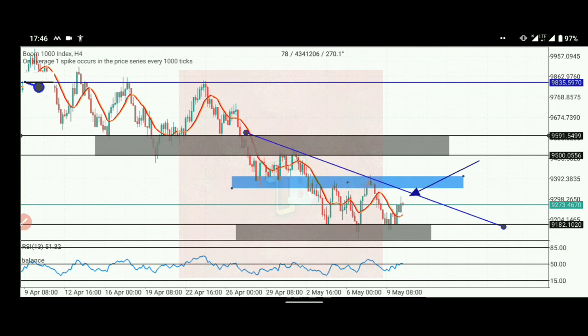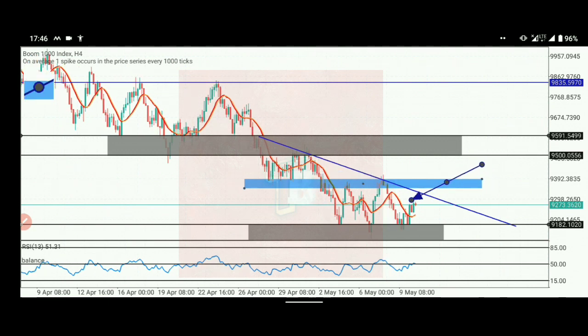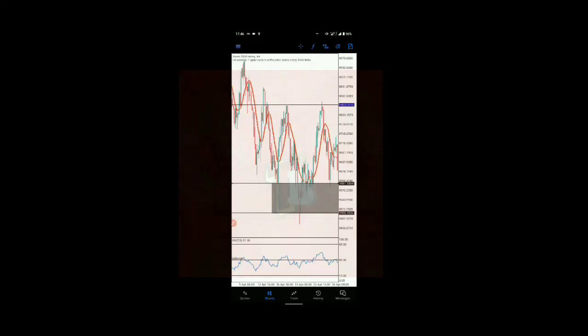Open another position right here, on top of this place for a buy. Open another position on this point for a buy. I'm going to be taking the positions quickly and leave it right there. That's a buy limit and a sell limit. So that's how your chart on Boom 1000 is supposed to look.